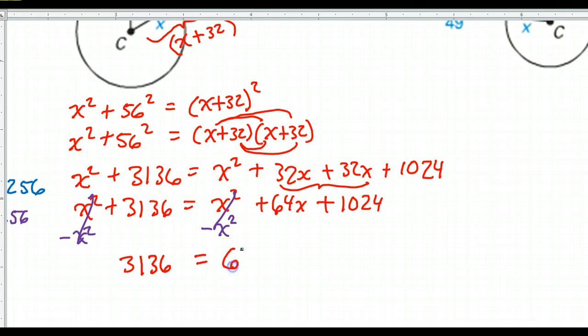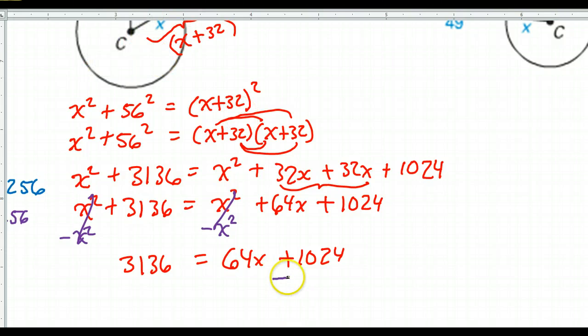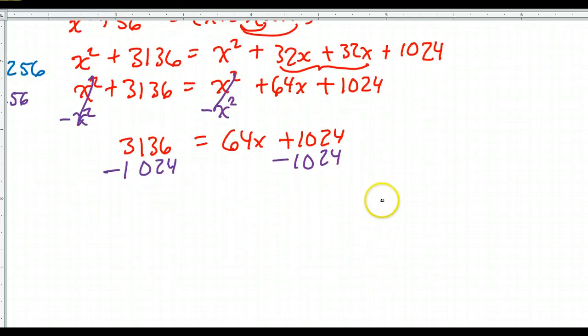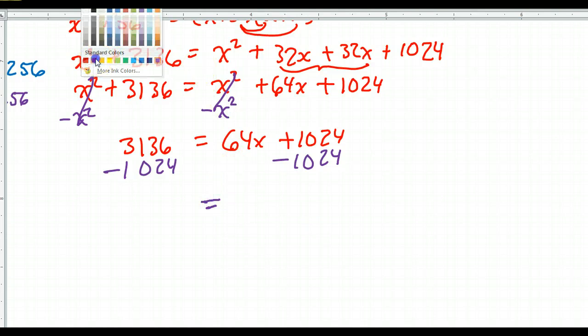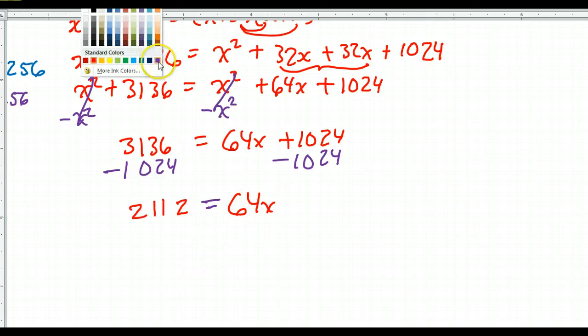So that's 3,136 equals 64x plus 1,024. Let us subtract 1,024 from both sides and see what we get. Alright, so that'll be 64x equals.